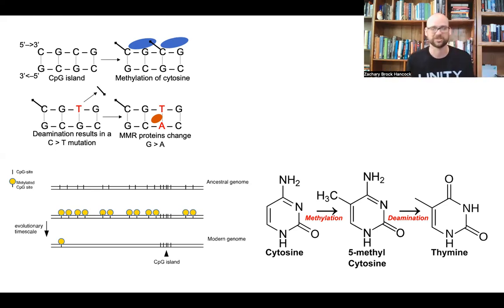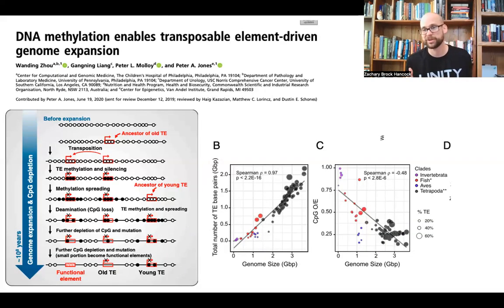So that indicates that there's a very, very large mutation rate associated with CpG sites. So this has pretty big implications, for example, the spread of transposable elements in many larger genomes, right? And another thing that tends to happen in larger genomes is that you find a dearth of CpG sites relative to what is expected. So how do we explain this?